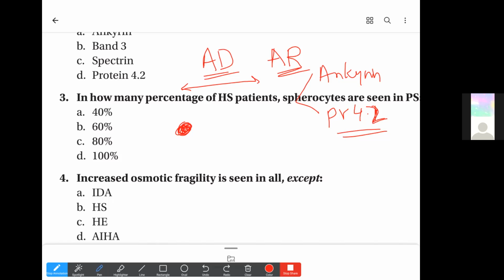Hereditary spherocytosis is one of the most common. This is more common in Northern Europe. It is the most common hemolytic anemia due to membrane defects, with a prevalence of 200 to 300 per million population. But most of them are silent carriers, so the occurrence might be a little higher than predicted.